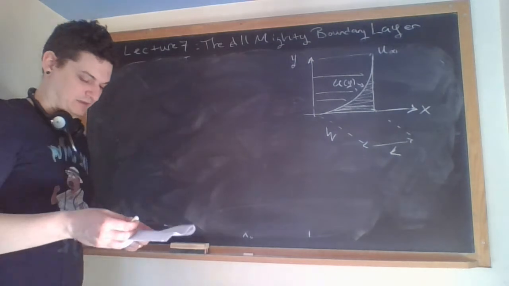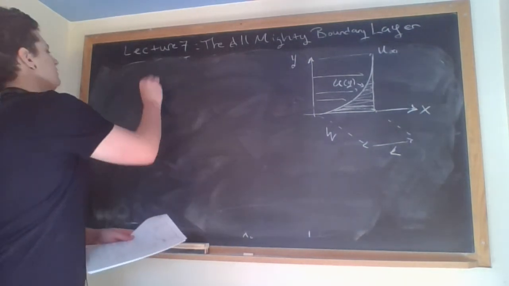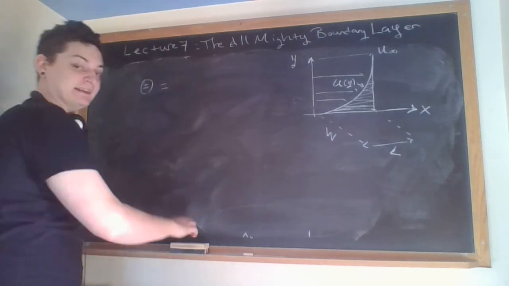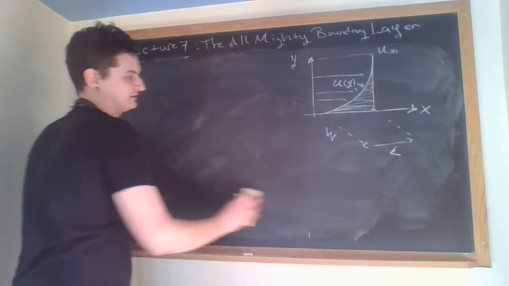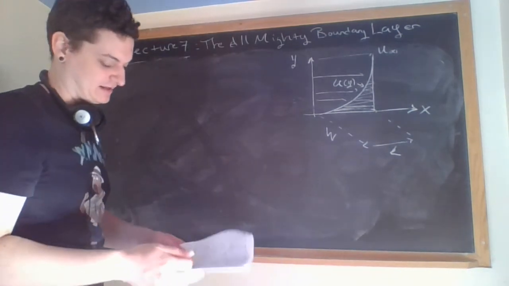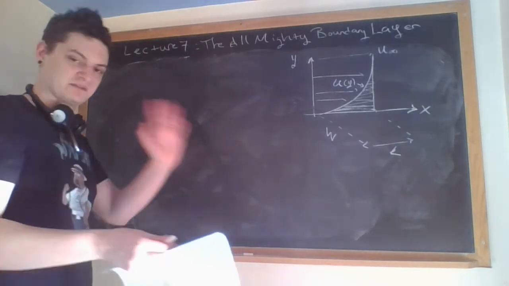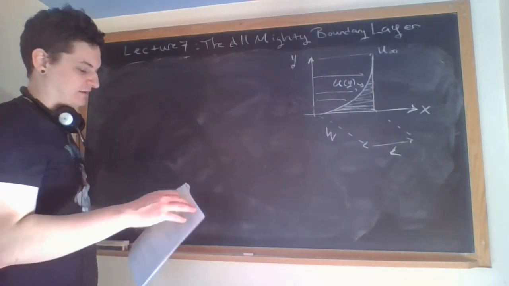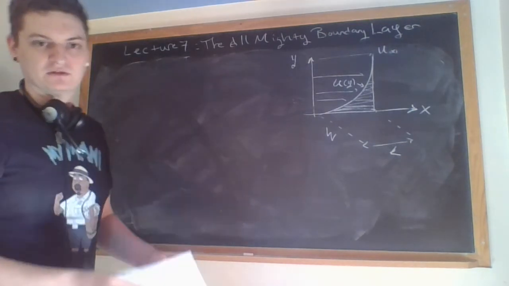Usually I looked at a couple of books and people just say the momentum thickness is defined as this integral. And I understand you all want some motivation for every mathematical statement. So this is my one reason. You can come up with these a couple of different ways. But here's my reasoning for why we write this integral instead of just saying the momentum thickness is defined as such.